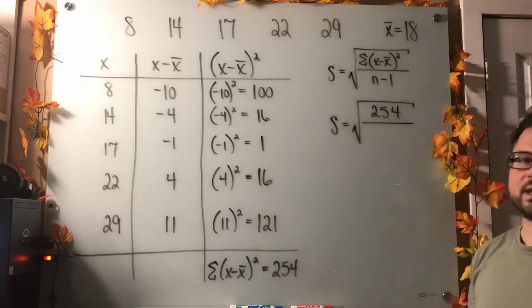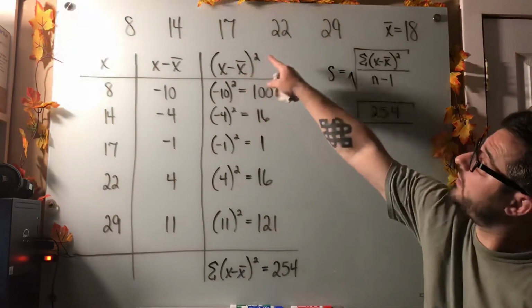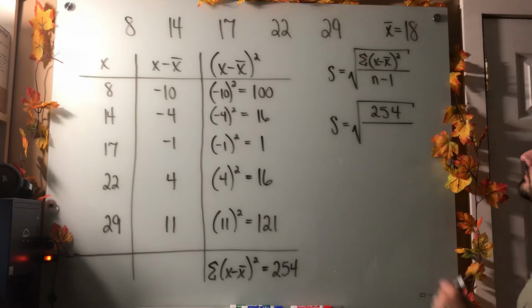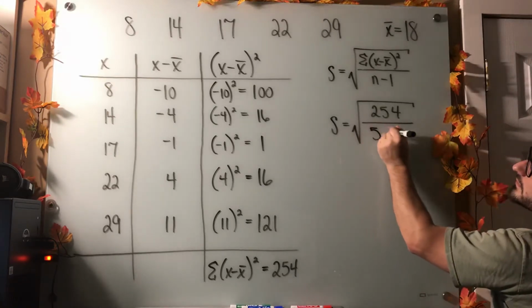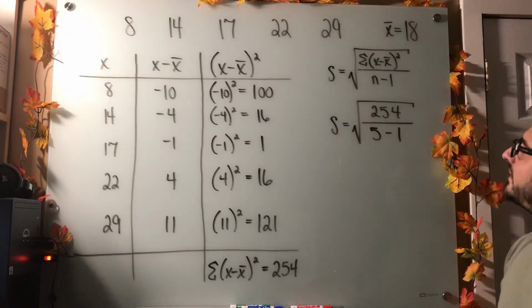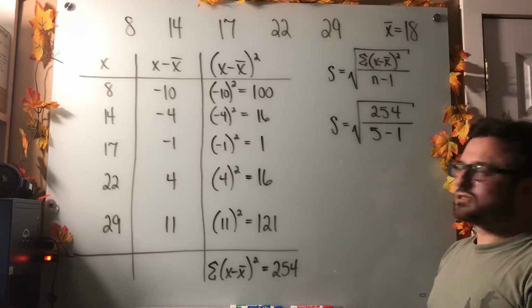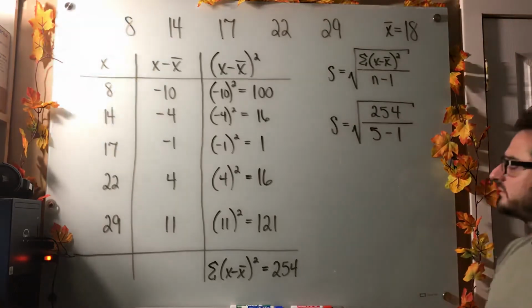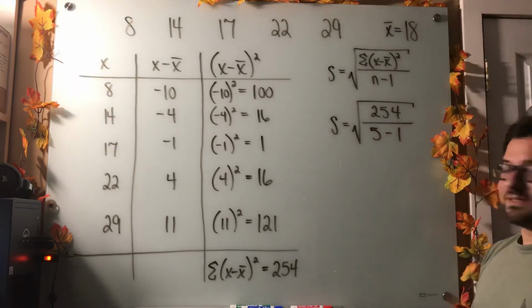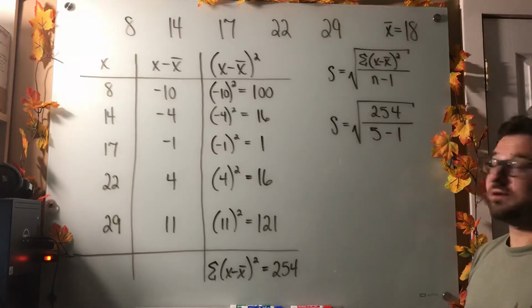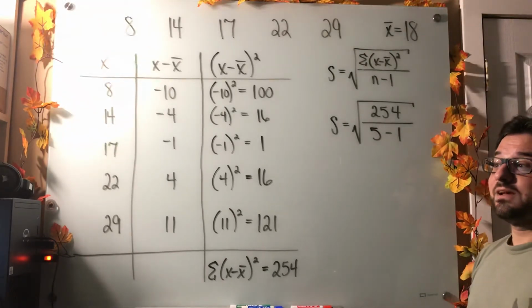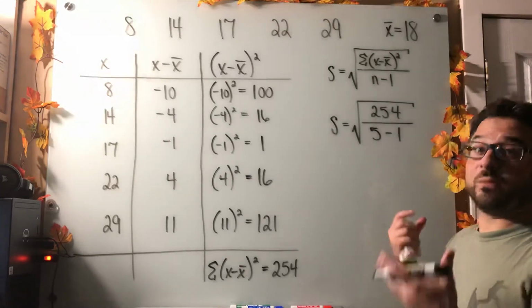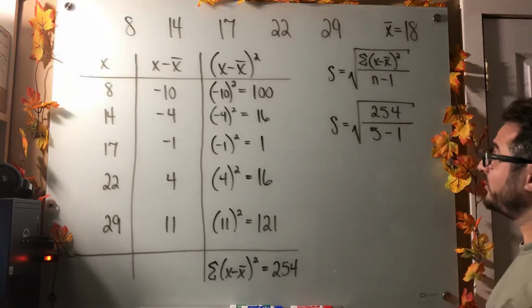Now, the sample size. Well, fortunately, it's a small enough sample. There are 5 data values in it. Now, again, you're just going to have to trust as to that minus 1 that it is necessary for it to be there for now. It has to do with a topic called degrees of freedom, which is certainly way more important to the people who developed all of these formulas than it is to the people who are using them.